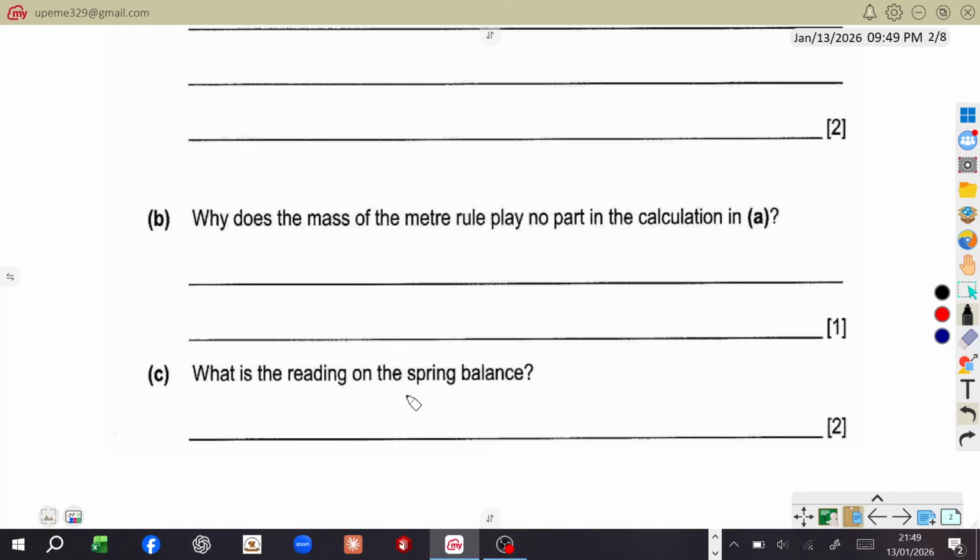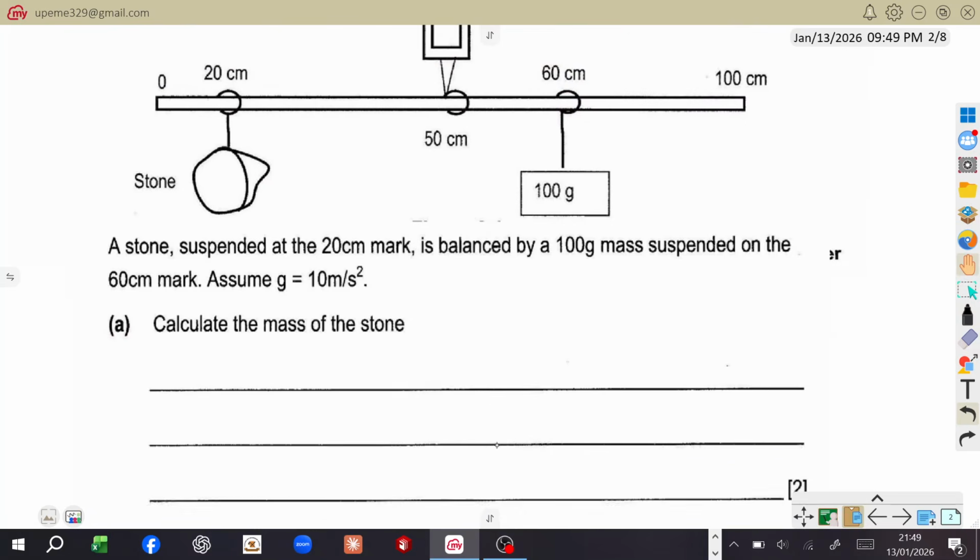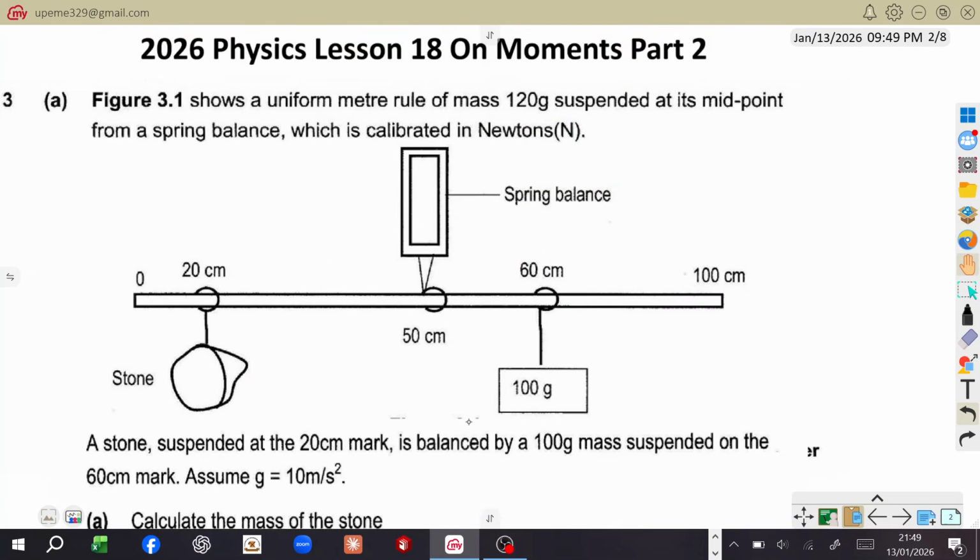Then we come to the question: what is the reading on the spring? So we come back to the reading of the spring. Now the spring is going to read the 2 masses.